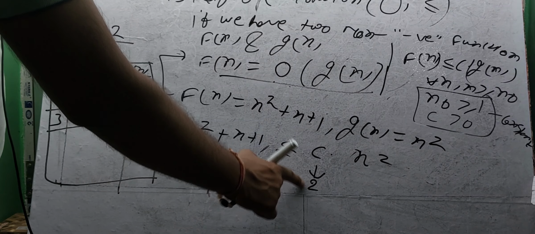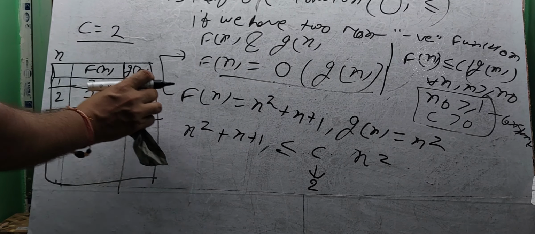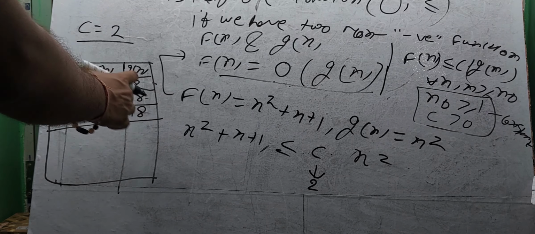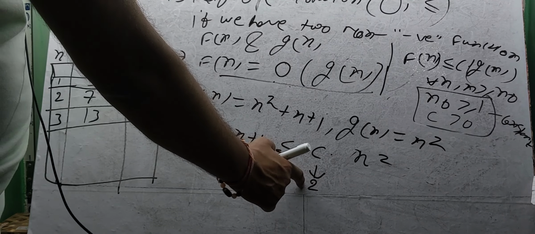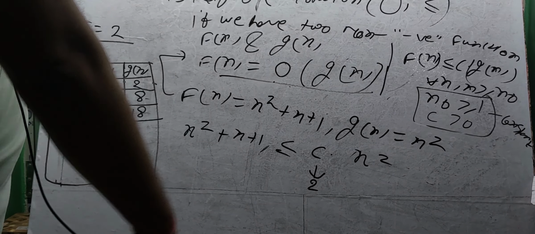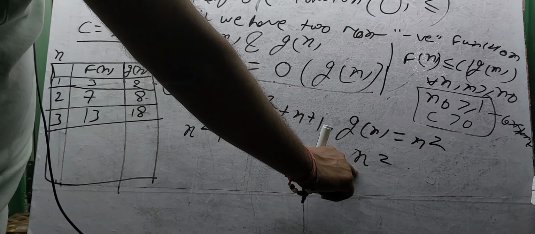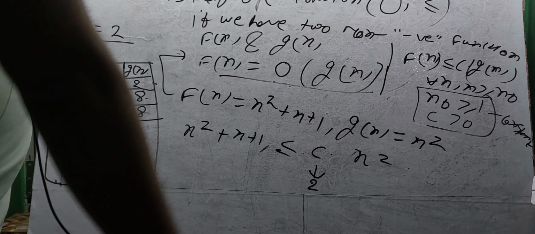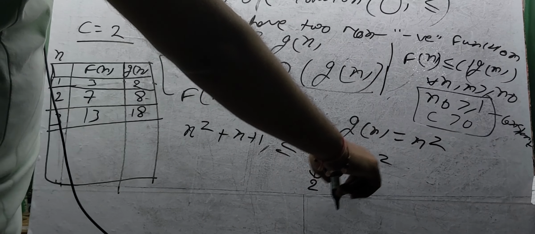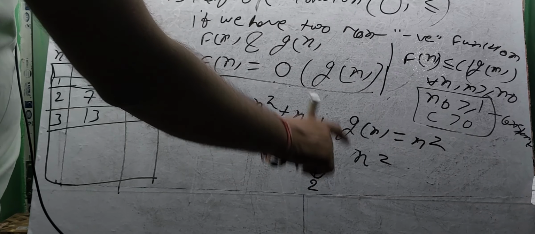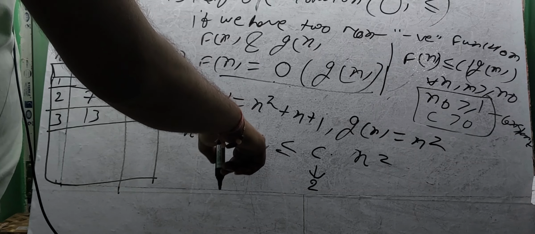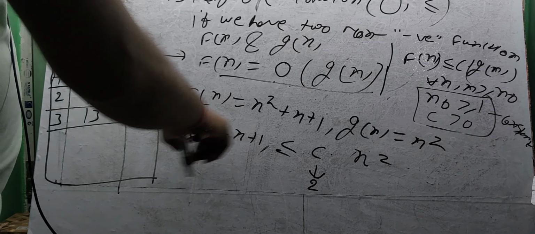So we don't need 3 also, because using c as 2, if we take n value as 2, then it will give 2 square 4, 4 into 2, that is 8, and here 4 plus 2 plus 1, that is 7.